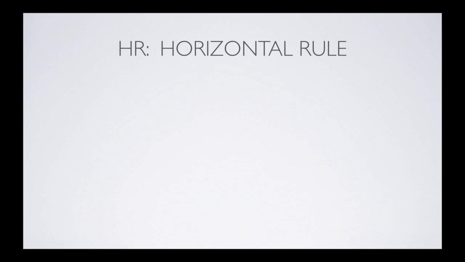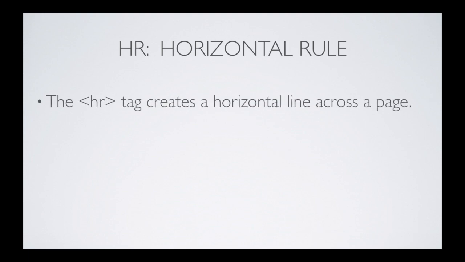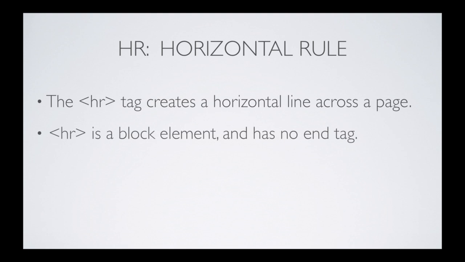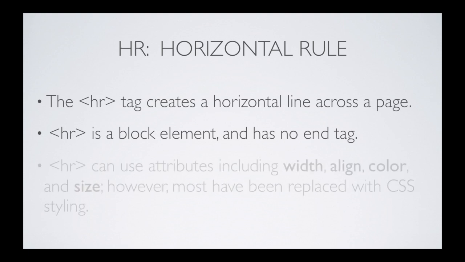Another block element is what's called the horizontal rule, or the HR tag. The HR tag creates a horizontal line across a page, filling the available space. The HR tag is a block element, and it has no end tag because it does not surround any other content.